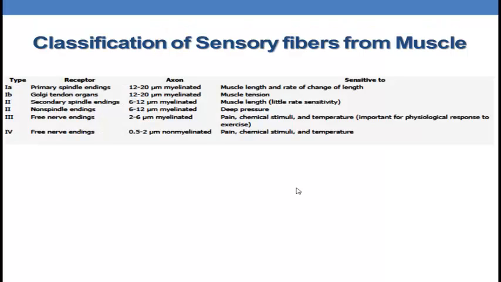We can classify the sensory fibers from the muscle into type 1A, type 1B, type 2, type 3, and type 4. Type 1A is called primary spindle ending, and type 2 is called secondary spindle ending. They differ in diameter and myelination.